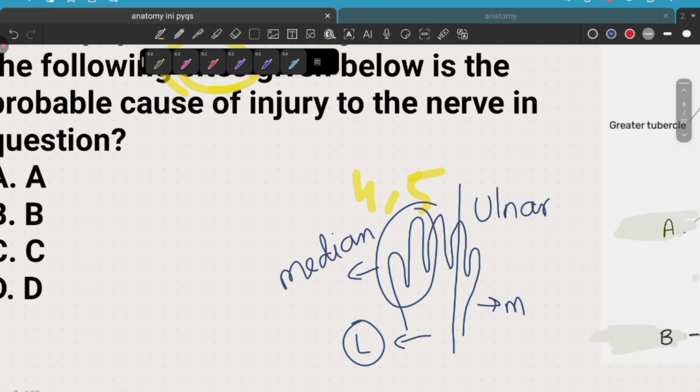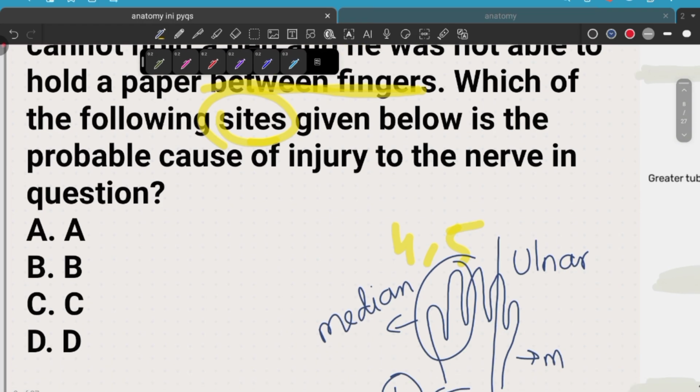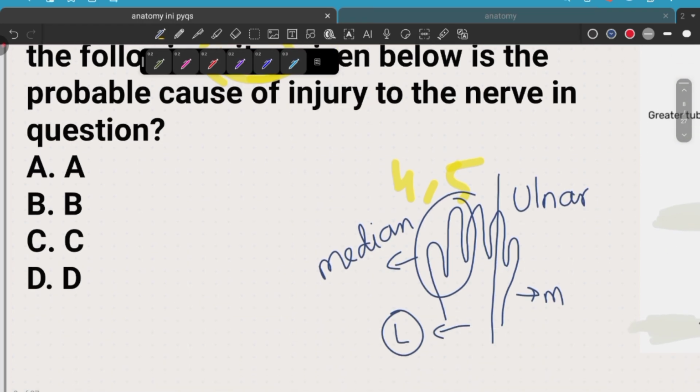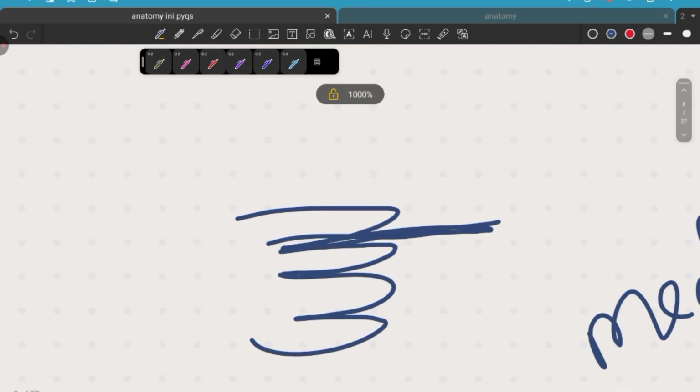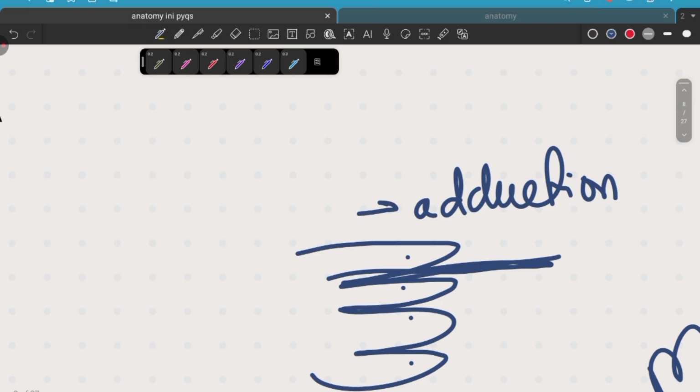Now they are telling that he can't hold a paper in between the fingers. If you tell the patient to hold a paper in between the fingers, he can't hold. That means he can't do the adduction of fingers. So adduction of the fingers is by which muscle?